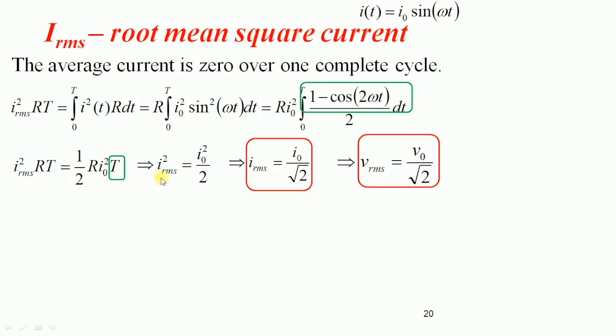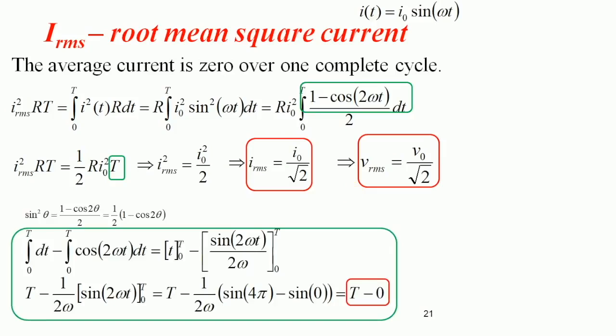So I square RMS after simplification becomes I0 square upon 2. So I RMS is equal to I0 upon root 2. In the same fashion, you can again write the equation for VRMS, which is equal to V0 upon root 2.